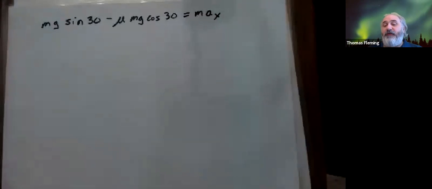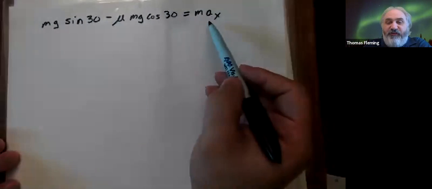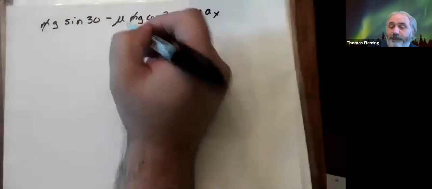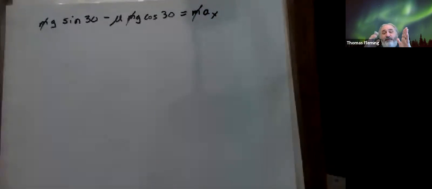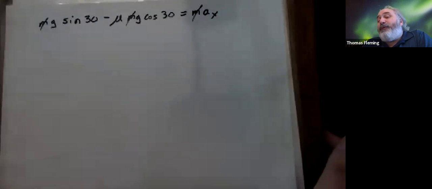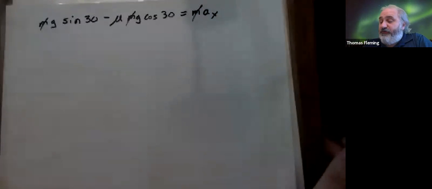Now, what's cool about that is you'll notice at this point, all 3 terms contain the mass of the box. I don't know what the mass of the box is, but if I divide everything by m, this m will cancel, this m will cancel, this m will also cancel. So as long as every term has the same variable in it, that term will cancel out. It won't be important. I don't even need to know the mass to know the answer to this question.